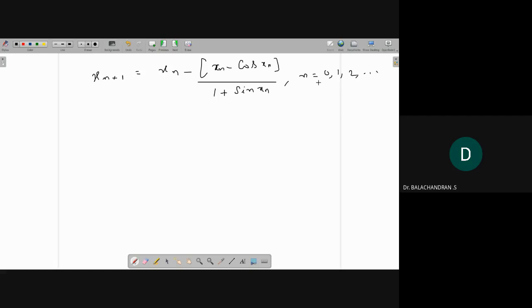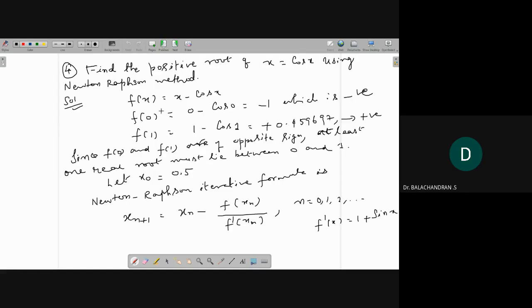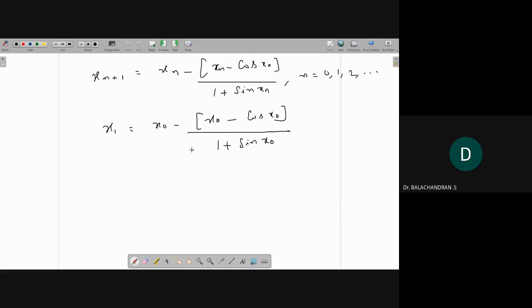Now substitute n equal to 0, you get x1 equal to x0 minus (x0 minus cos x0) divided by (1 plus sin x0). Now you know that x0 is 0.5. Substitute here and find the value of x1. So please do it.